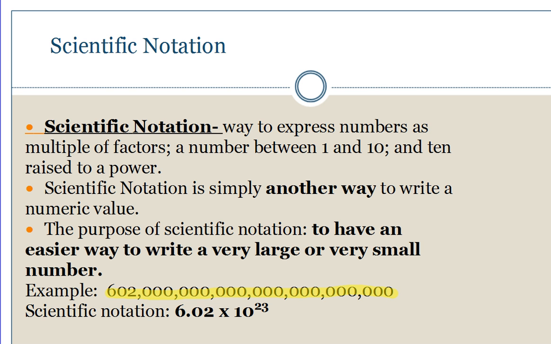So you learn how to put it in scientific notation. You can take that big number up here and write it simply as a number 1 through 10 raised to a power. So that's our reason we use scientific notation, or why it is most beneficial: because we can take a really big number or a really small number and write it in an easier form to read.